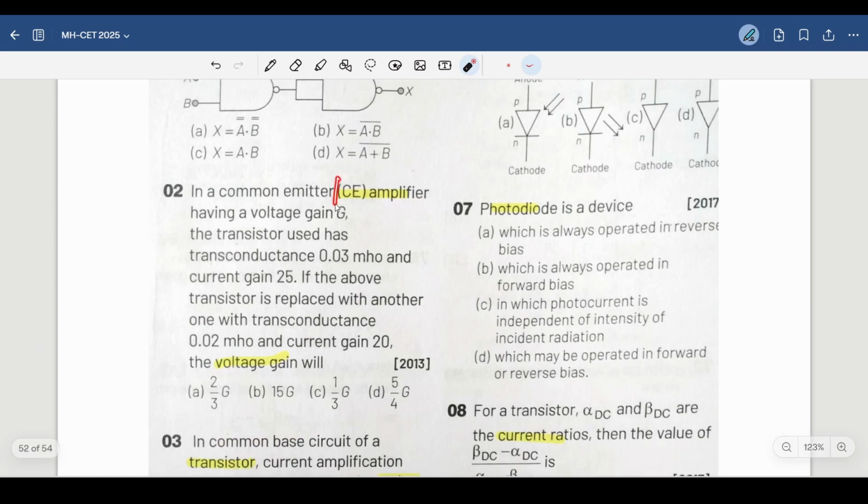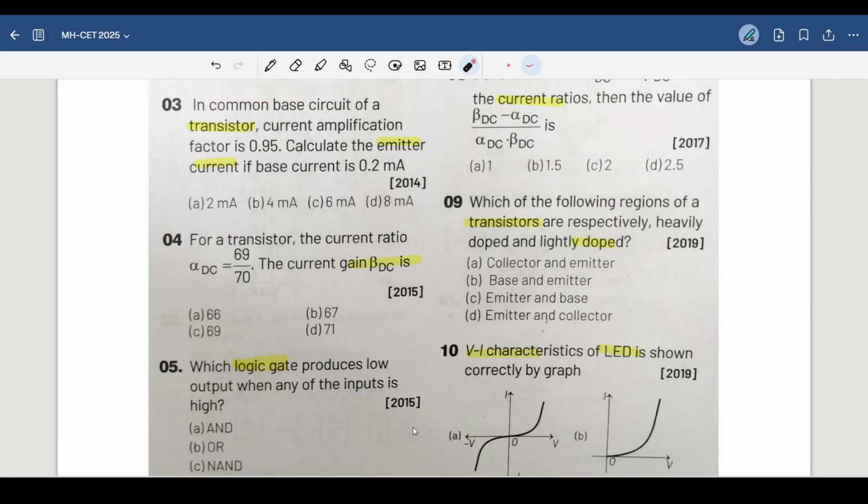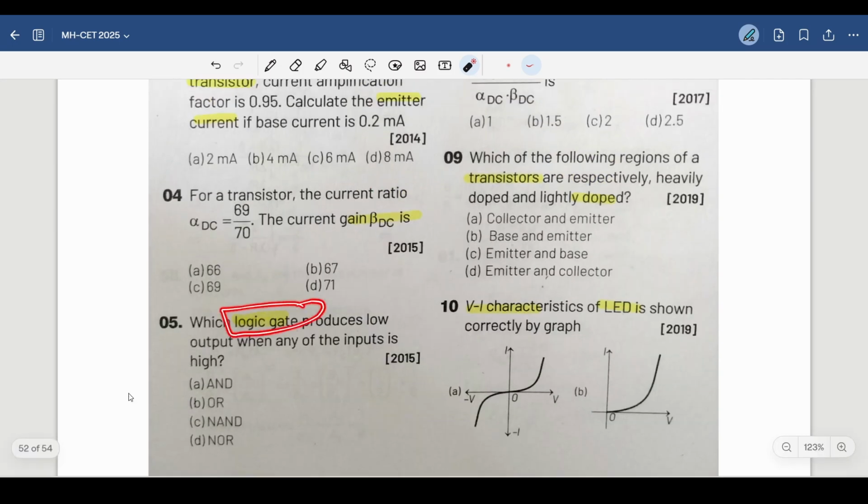Then they have considered a common emitter amplifier and they are expecting us to calculate the voltage gain. Then the next question is on a common base transistor, and you have to calculate the emitter current. Now look over here, the current ratio alpha DC is given, and you have to calculate the current gain, that is beta DC. Once again, one more question on logic gates, right?